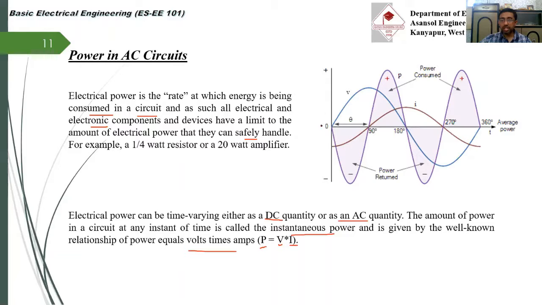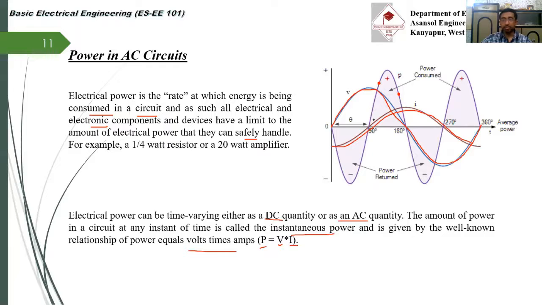So as you can see here in this waveform, this is our AC circuit, and it is the power consumed. That is the power consumption. That is V into current. This is our current. So at any instant, suppose we are taking this instant or this instant, whatever power it is consuming is called the instantaneous power.